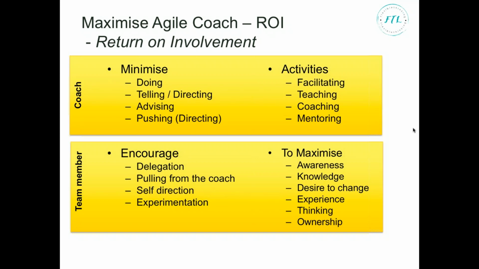Because what I want to encourage is my team members to almost pull from me, to come and say, we've got this problem, we need to do this, we want to do this, to be self-directing. So they recognise, yeah, this is what we need to do next, what's coming up that we need to get ready for, and they set themselves up to be open to experimentation.